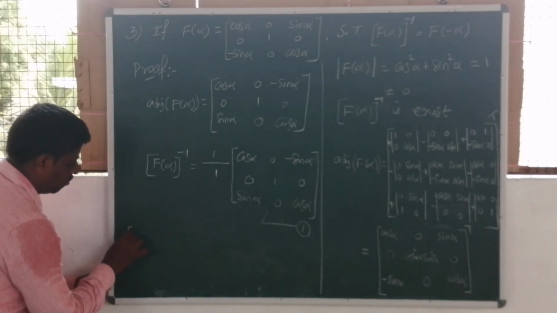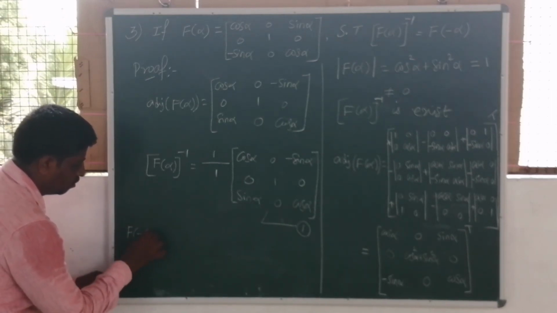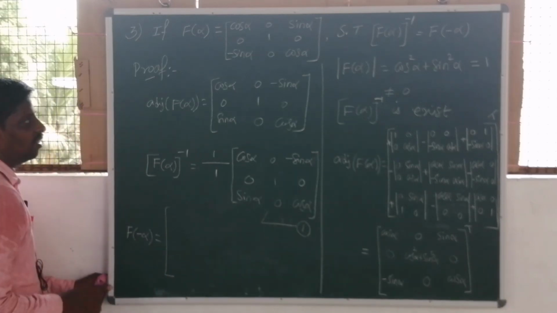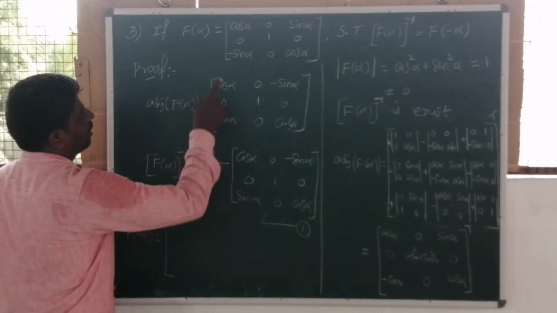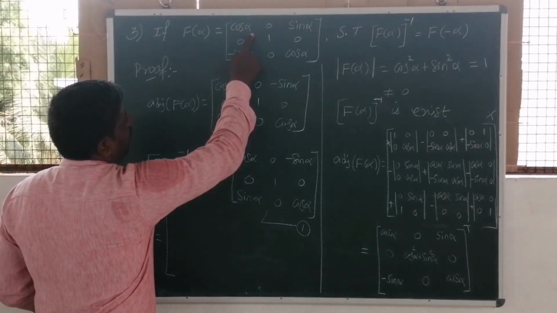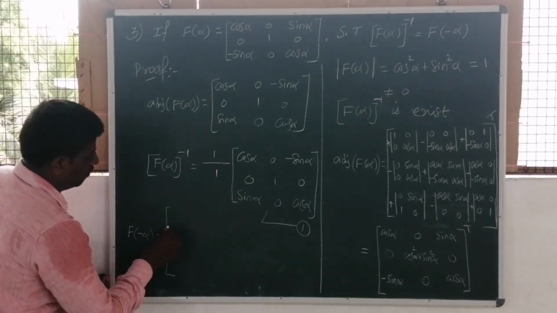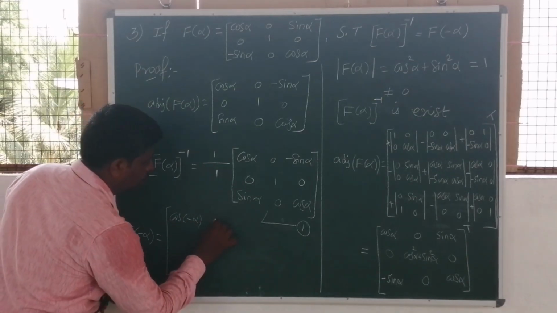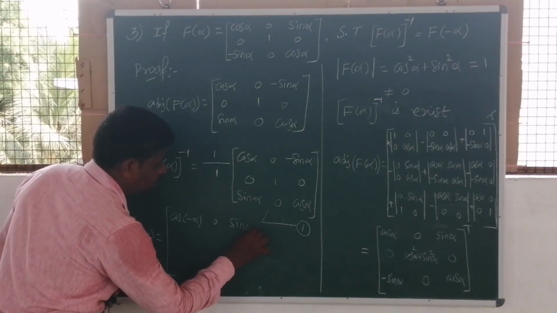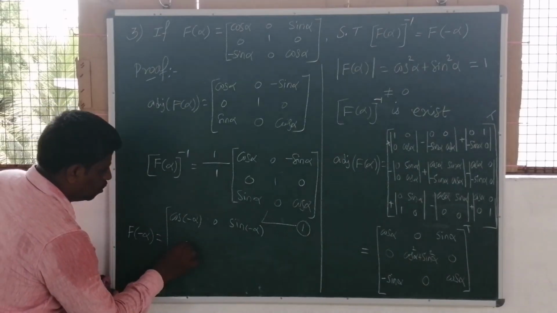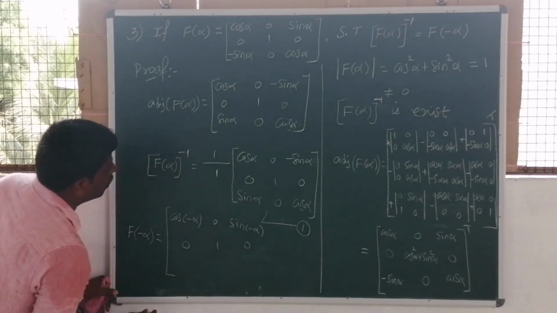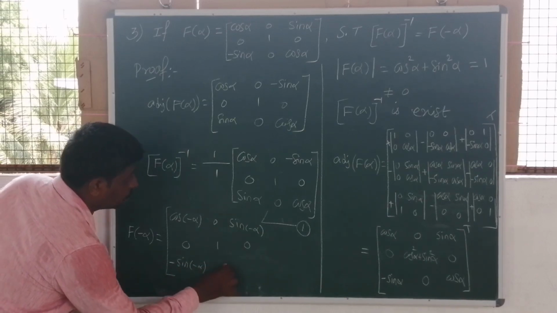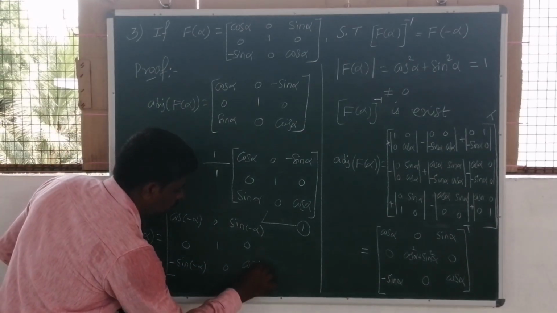We put inside the matrix alpha as minus alpha, that is, in f of alpha we replace alpha by minus alpha: cos of minus alpha 0 sin of minus alpha, 0 1 0, and minus sin of minus alpha 0 cos of minus alpha.